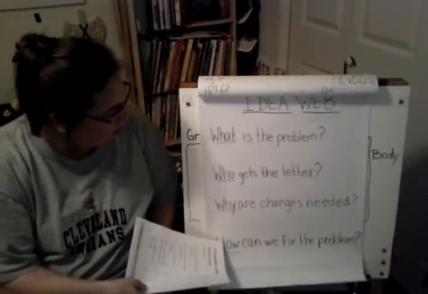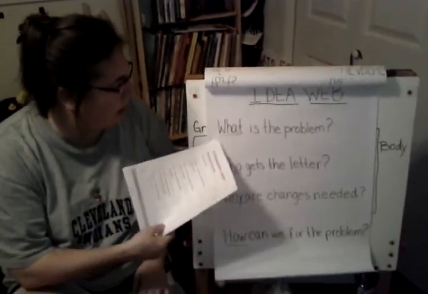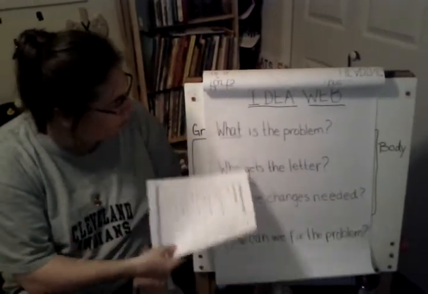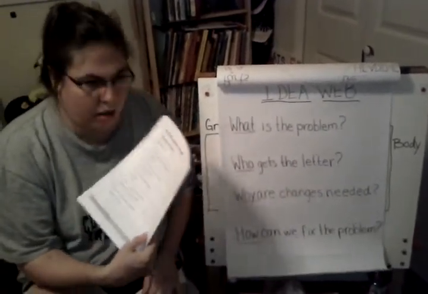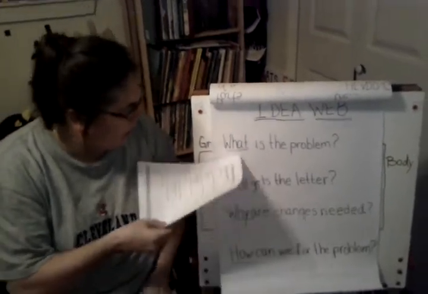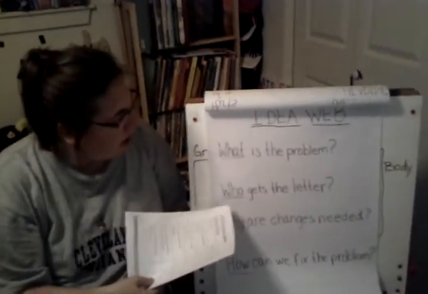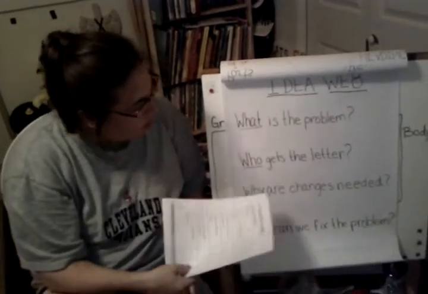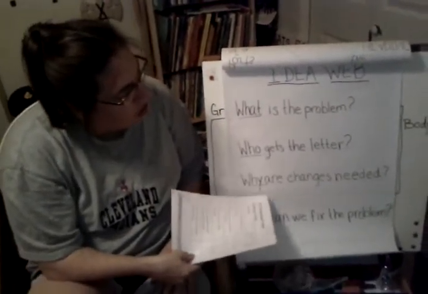So I'll go through this with the students, and I'll go through this list of questions. What's the problem? And whatever the students say, I will write here. Who gets the letter? I'll write what they say. Why are changes needed?